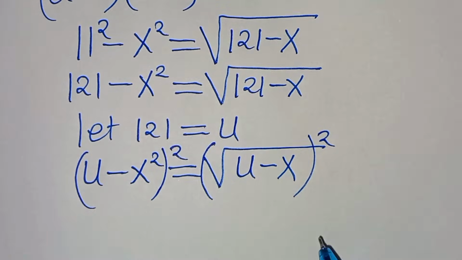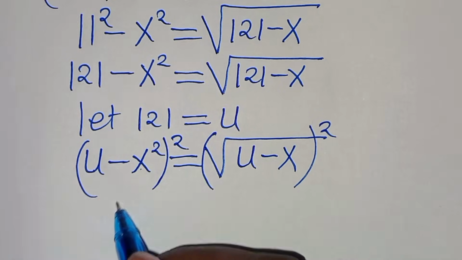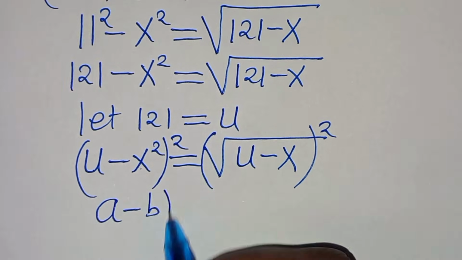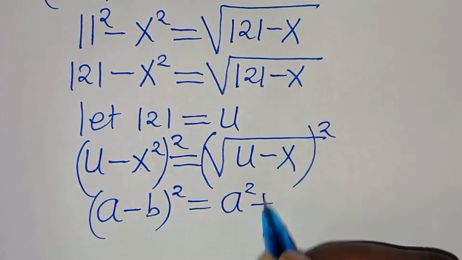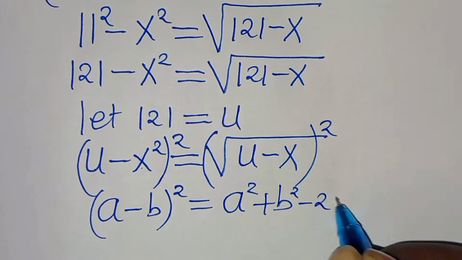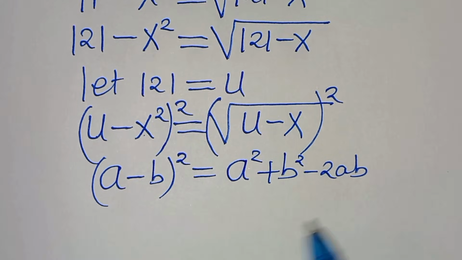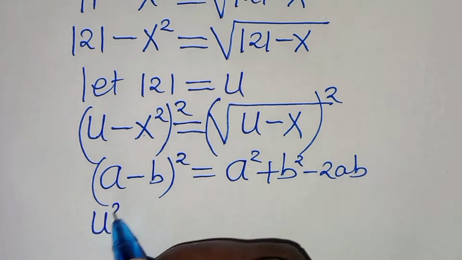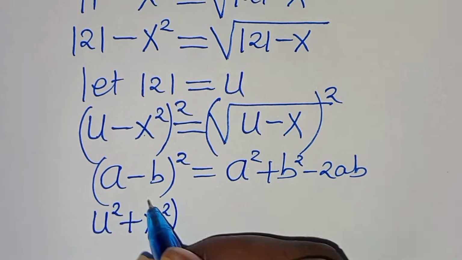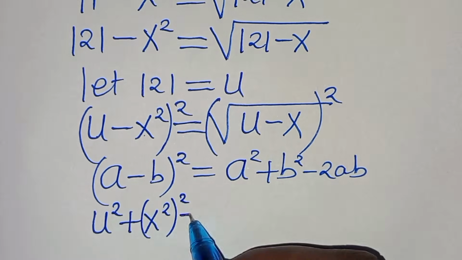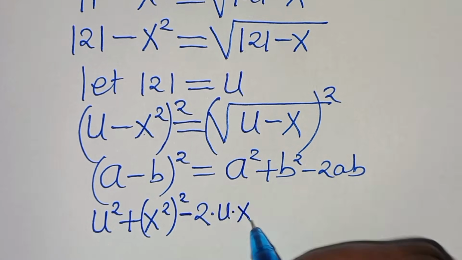square root sign. So this means that (u minus x squared) to the power of 2 is in the form of a minus b raised to the power of 2, which we can express as a squared plus b squared minus 2ab. Applying this algebraic identity, we have u squared plus (x squared) squared, then subtract 2 multiplied by u multiplied by x squared.